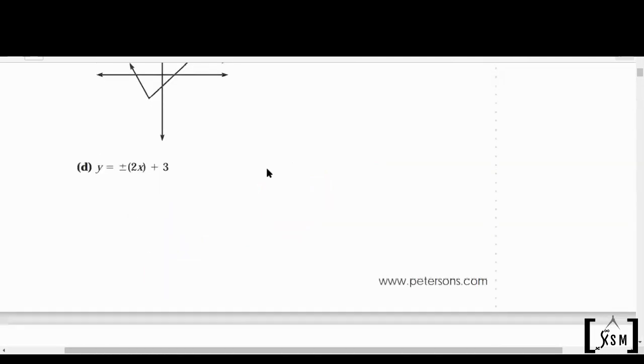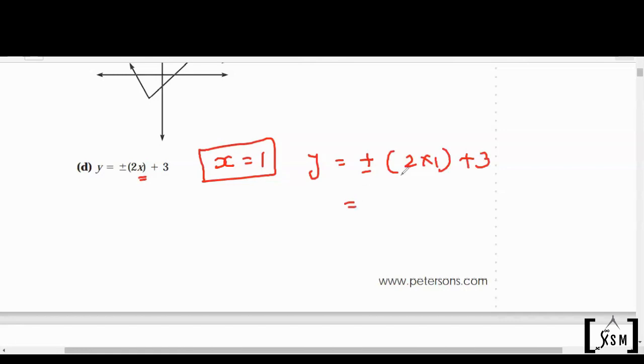Part D, you take any particular x value, let's say 1. So what y value do you get? y equal to plus minus 2 times 1 plus 3. Plus minus 2 times 1 is plus minus 2, and plus 3.